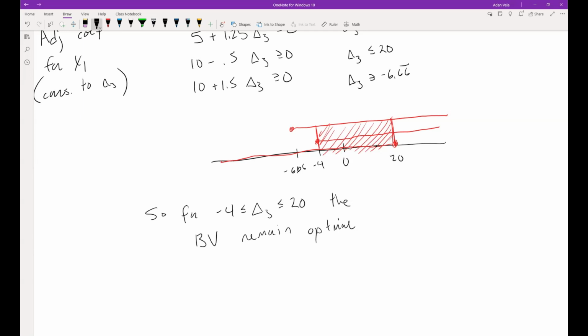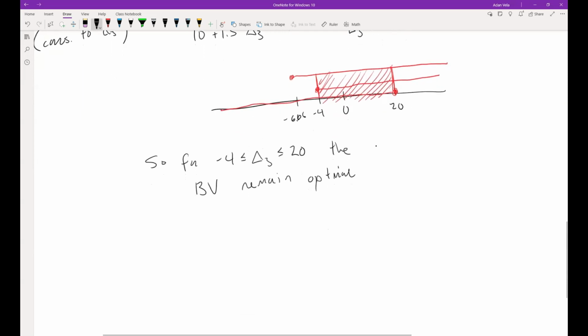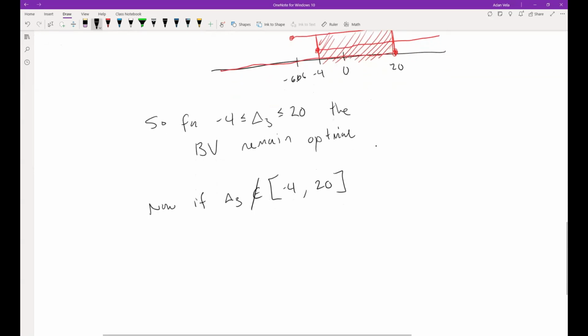Now, if delta 3 is not inside of that set, so if it's not between -4 and 20, then what that means is we have to perform the simplex process in order to find the new entering variable and the exiting variable.